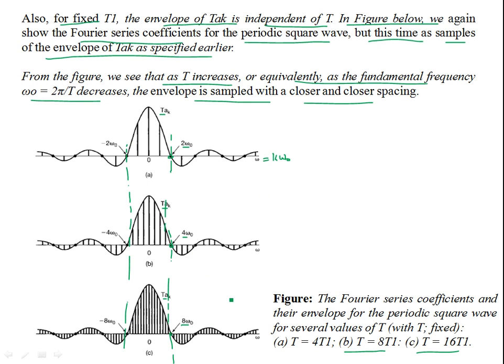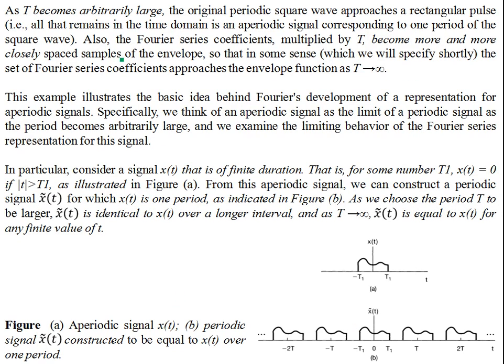As T is increased, you have more samples, and the shape of the envelope stays the same. As T becomes arbitrarily large, the original periodic square wave approaches a rectangular pulse. All that remains in the time domain is an aperiodic signal corresponding to one period of the square wave.